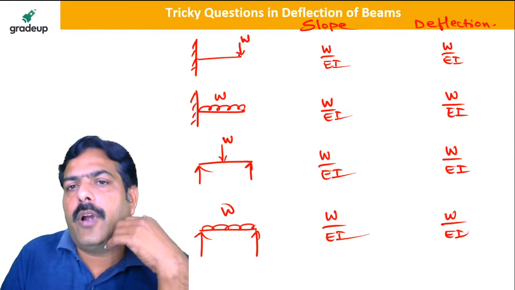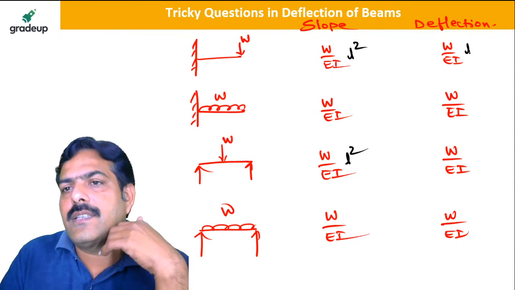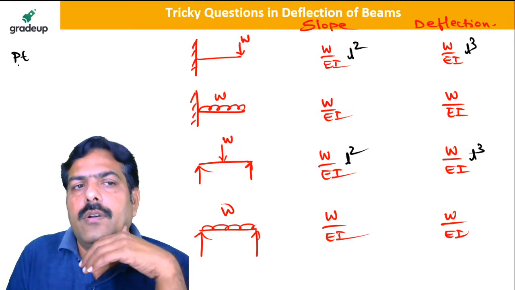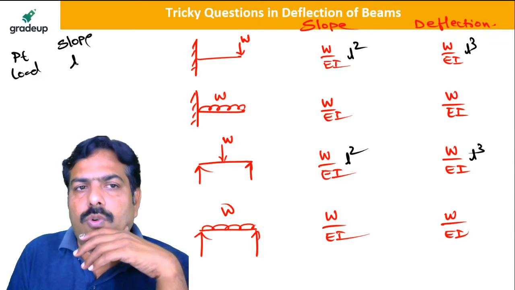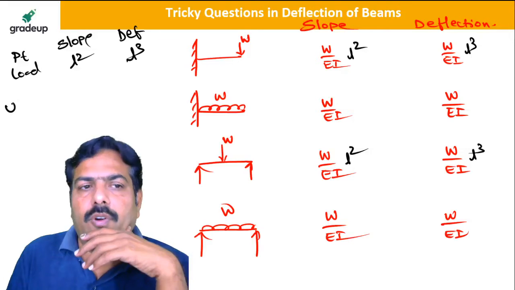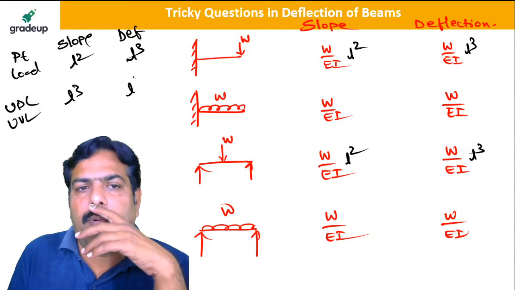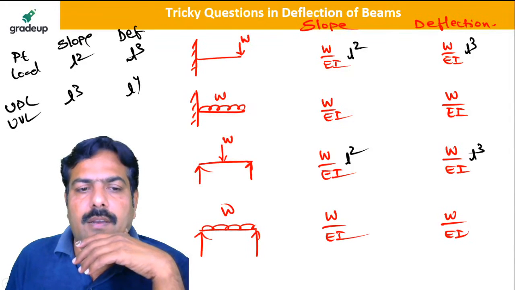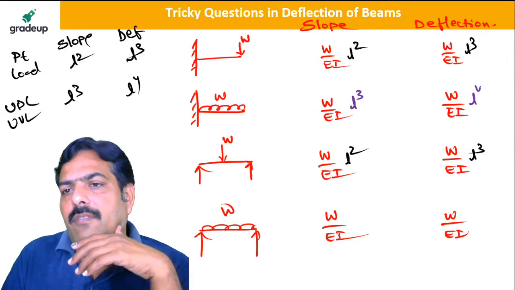Now for point load, slope is L square, and this is L cube. So for point load, in slope you should multiply with L square, in deflection you should multiply with L cube, and for UDL and UVL it is L cube and L power 4.